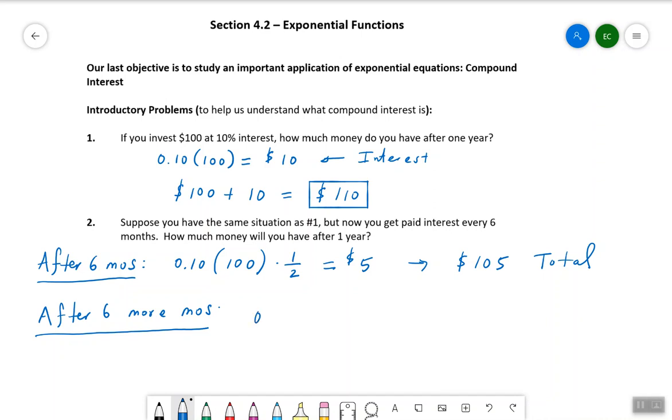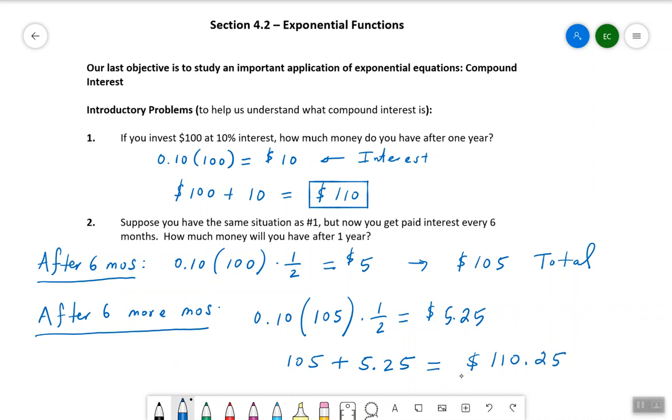So now, after another 6 months, we get 10% of 105, but only half of that because only 6 months passed. But now this is $5.25 of interest. And so if you take the 105 that you already had and you add on the 5.25 that you were paid in interest, now you have $110.25 in the account.